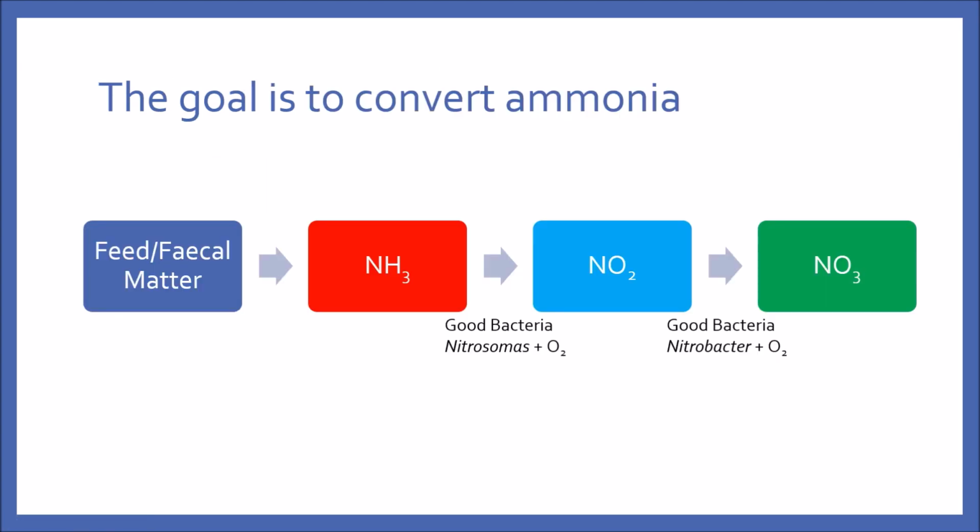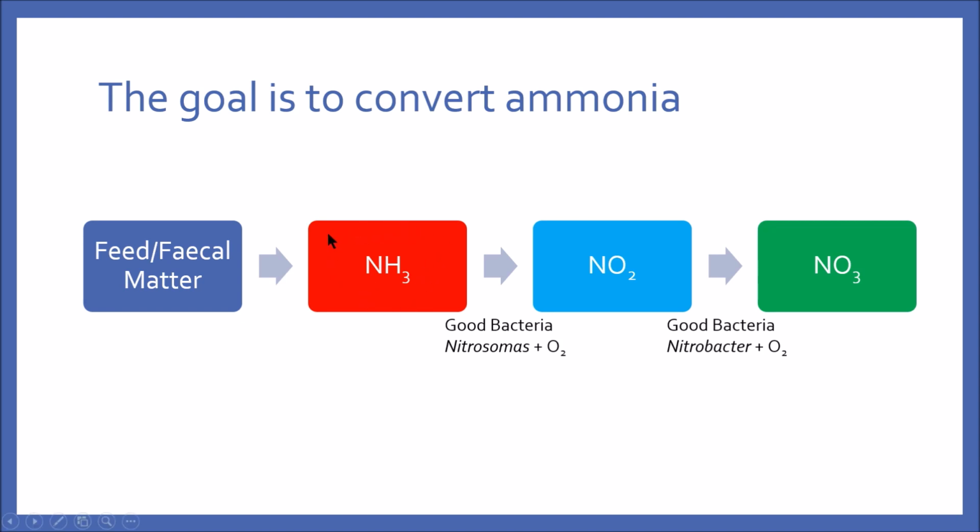The goal of biofiltration is to convert ammonia into a less harmful form. So where is all this ammonia coming from? We have feed or fecal matter that is consumed by the crab or produced by the crab, which will slowly dissolve in the liquid, which in our case is the system salt water, and that will often form what we call ammonia.